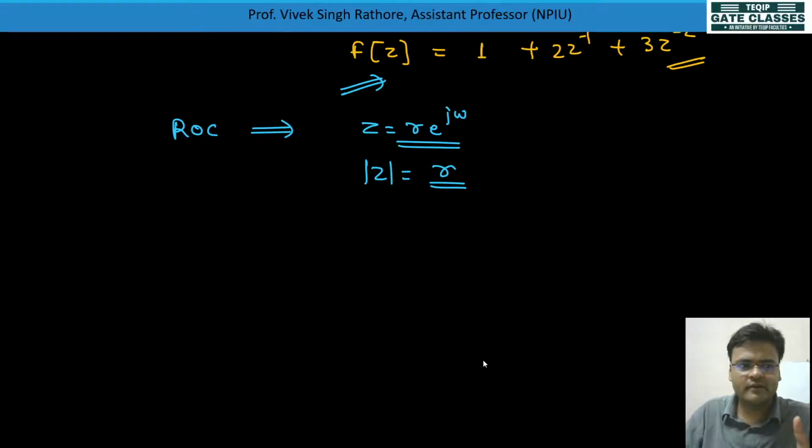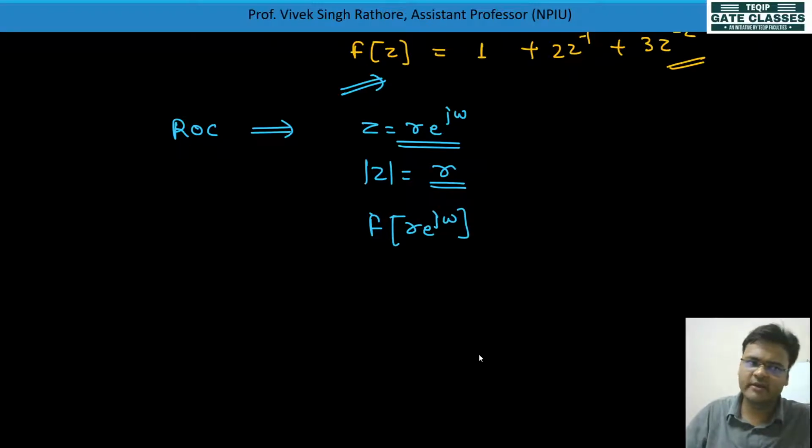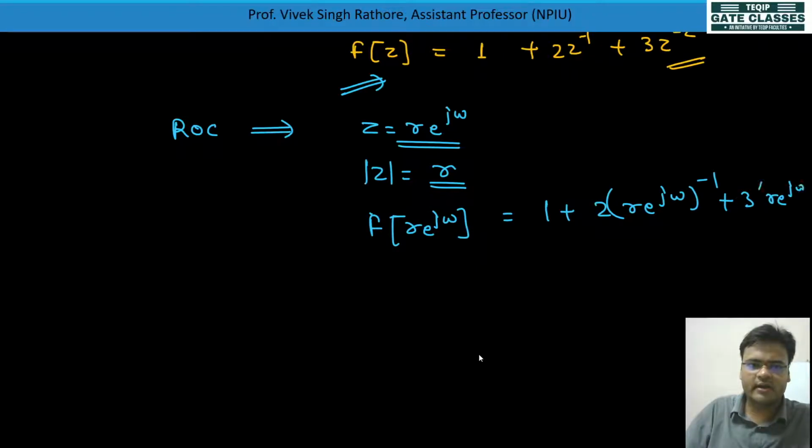Where this expression cannot hold, I'll write f of z with r e to the power j omega, because z can be represented as this. We can write 1 plus 2 r e to the power j omega minus 1, plus 3 r e to the power j omega minus 2, like this. For your better understanding, but z transform is like this only.